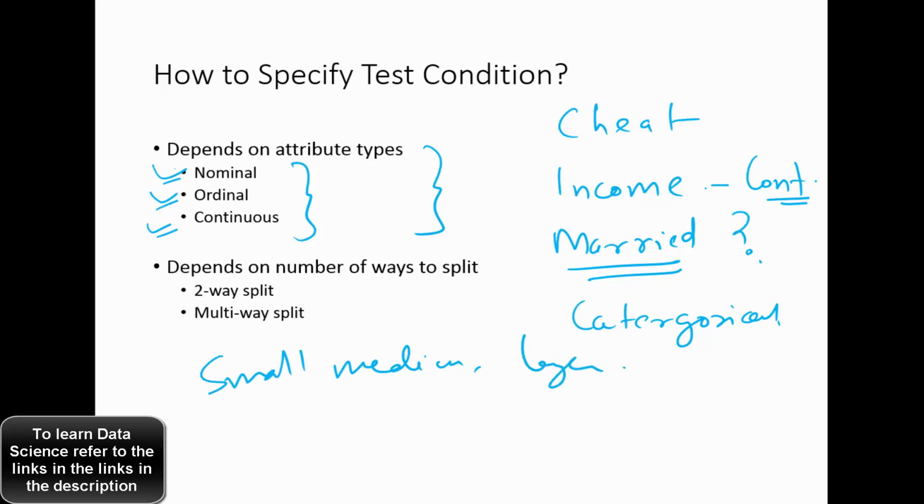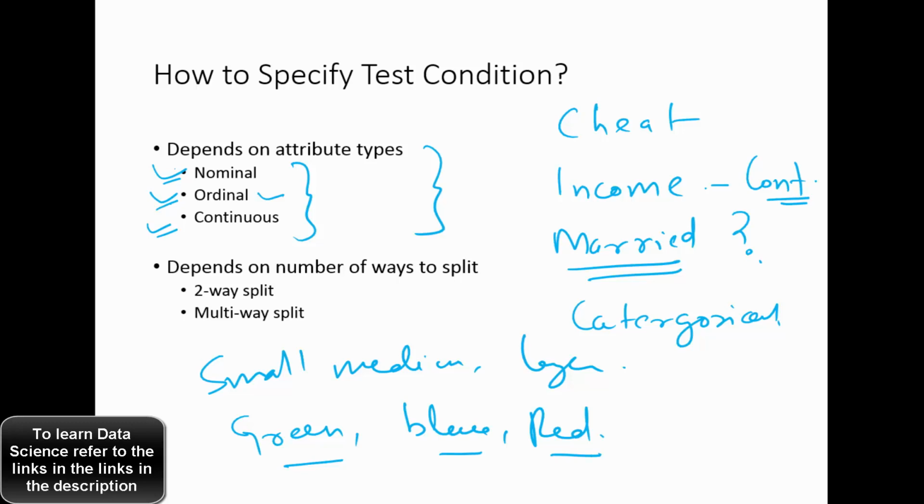In nominal, it could be different colors, green, blue or red. You cannot order green, blue or red. So that's nominal. And continuous, of course, is just a continuous value.